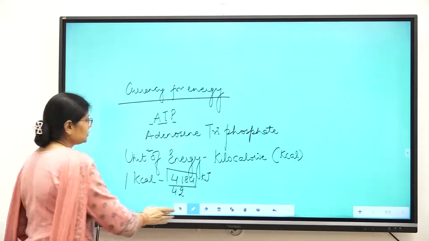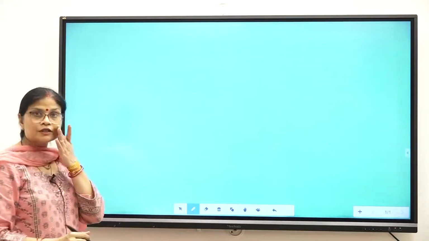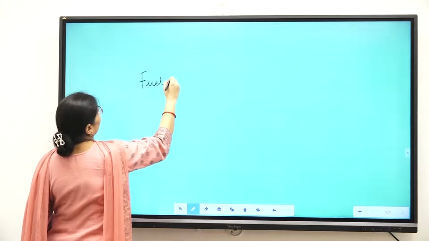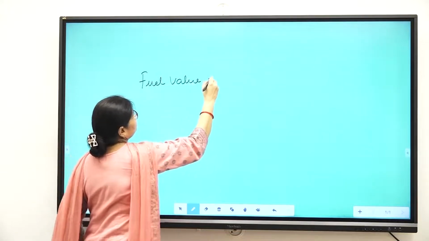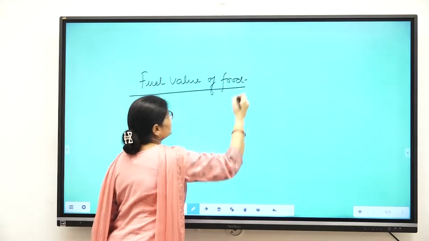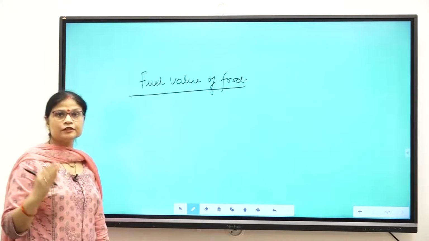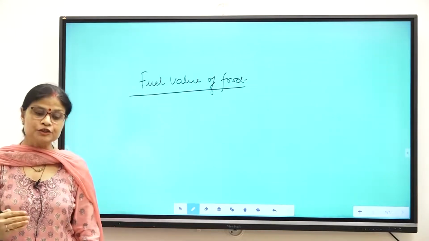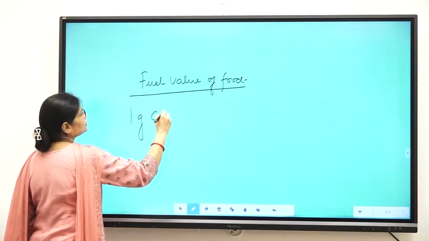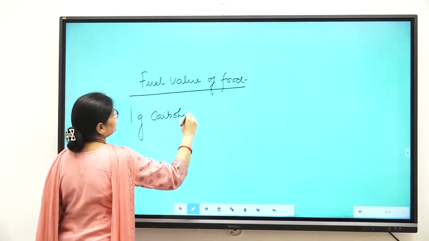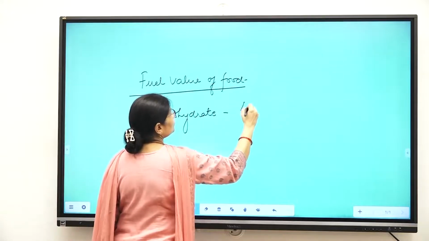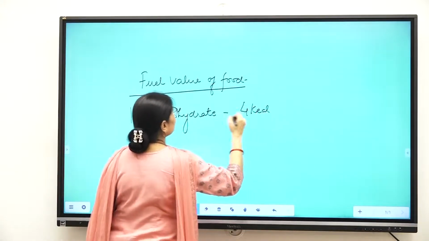After currency for energy, now we come to the fuel value of food. As we have earlier studied, carbohydrate, fat and proteins are basically energy giving nutrients. 1 gram of carbohydrate gives 4 kilocalories in our body.